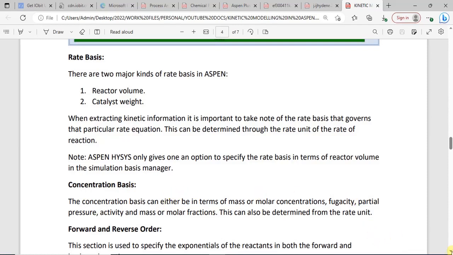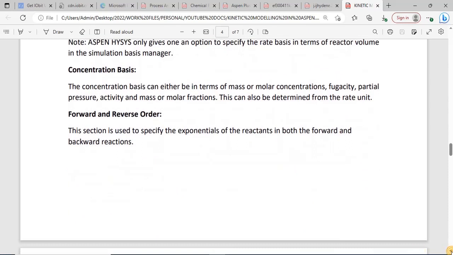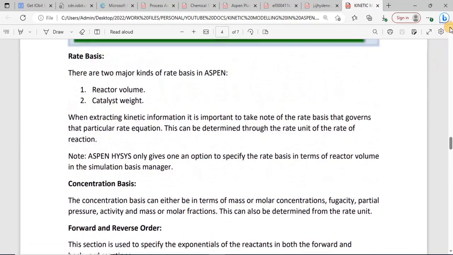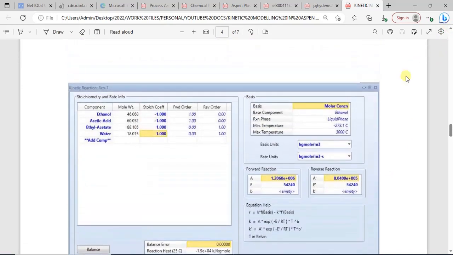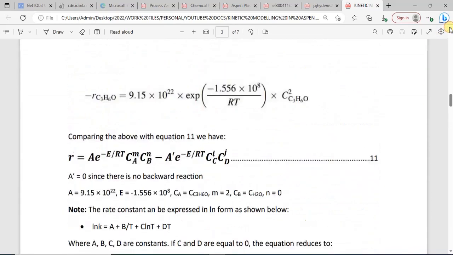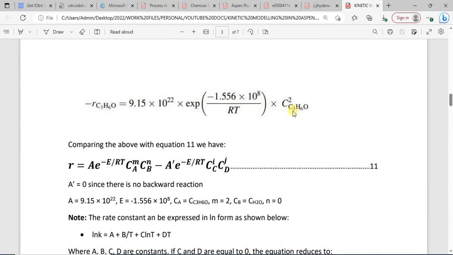Then we also have the forward order and reverse order. Basically that is the order of the reactants, so you have a section where you specify the order of the reactants. For example, in this one, the reactant here is C3H6O, and the order of this reactant is this value up here, which is 2.